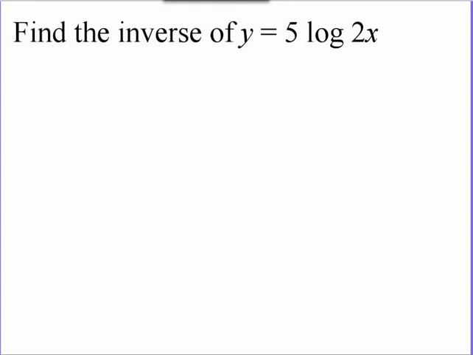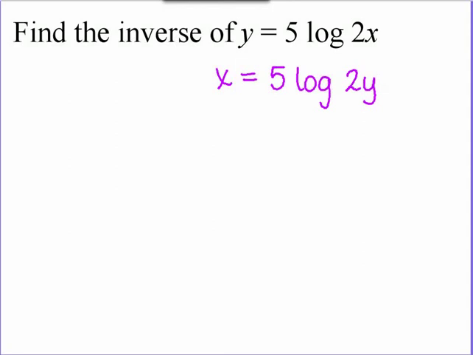Okay, so first of all, it says find the inverse of y equals 5 times the log of 2x. So very first step whenever I find the inverse, remember, is to switch x and y. Remember, that was the very first step we did. Now, what we need to do is solve for y.